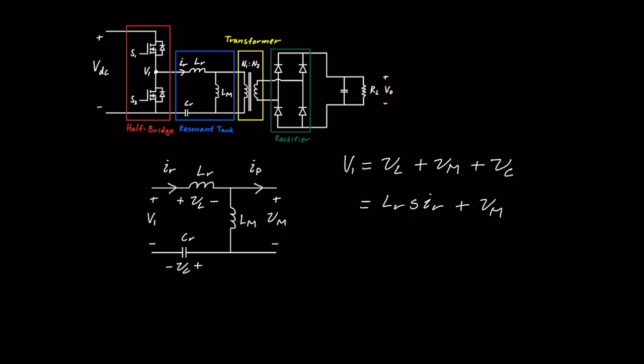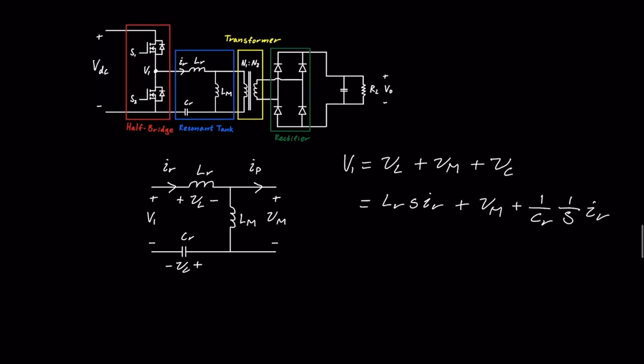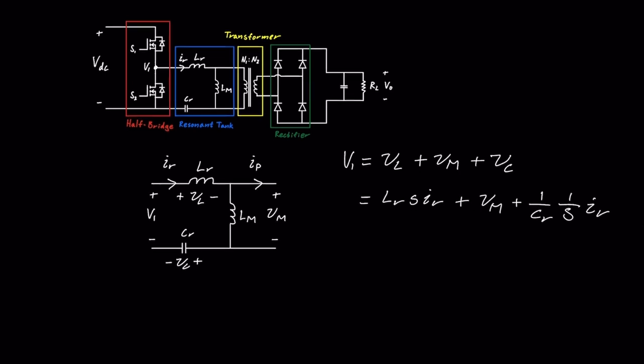So it's just N times V out, but I'll just continue writing Vm. And then we have Vc, which is 1 over CR, and then the integral of the current, which is just 1 over S IR. And when we take the integral, we also need to have the initial condition. So we need to add Vc0.